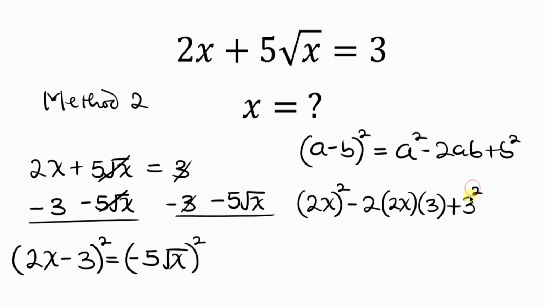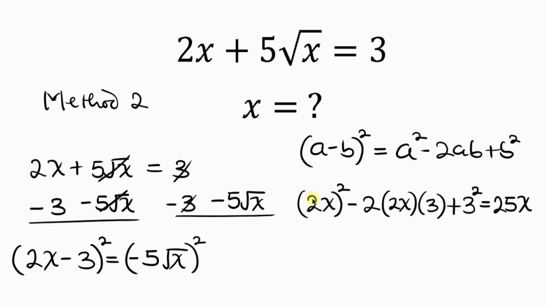Very good. And this is equal to, for the right-hand side, this square affects the negative 5. It also affects the square root of x. So negative 5 squared gives 25, and then the square cancels off the square root, leaving x. Very good. And now let's simplify what we have on the left.